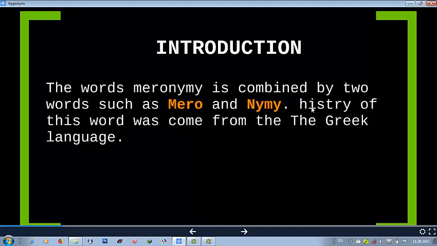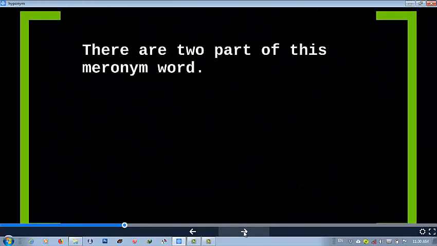Now we go to the next slide, talking about the parts of the word meronym. There are two parts.